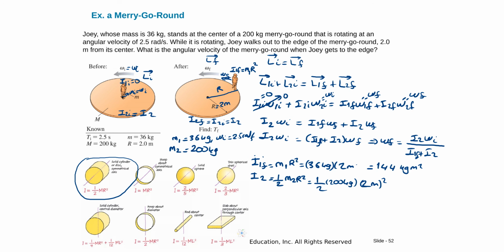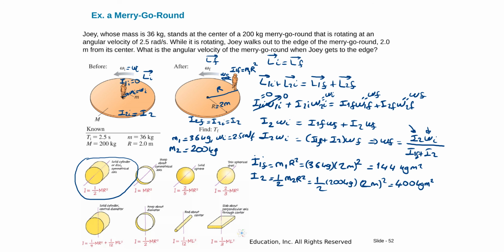So we'll have 4 here. That will give us 400 kilogram meter squared as the final and initial rotational inertia of the merry-go-round. Now all we have to do is insert the values. We know everything now, and solve for omega final.